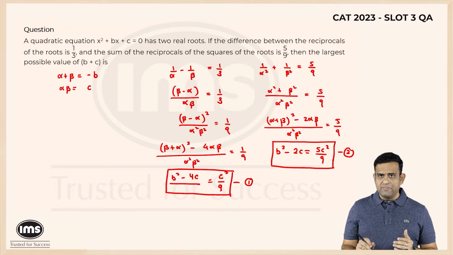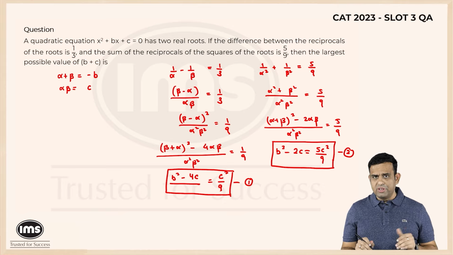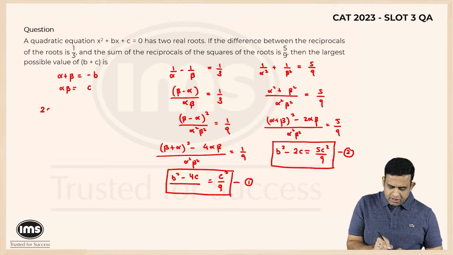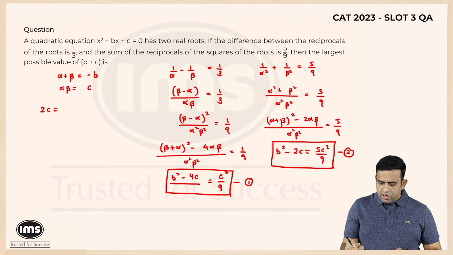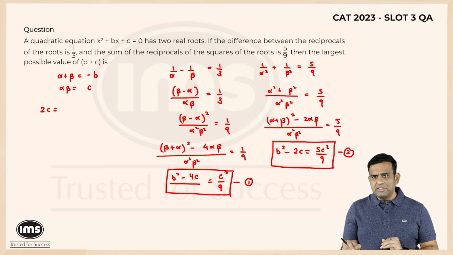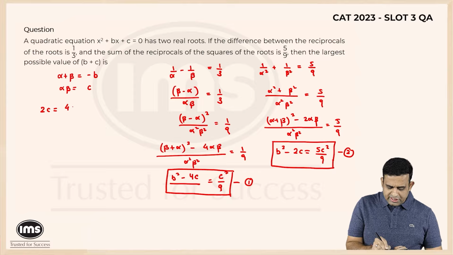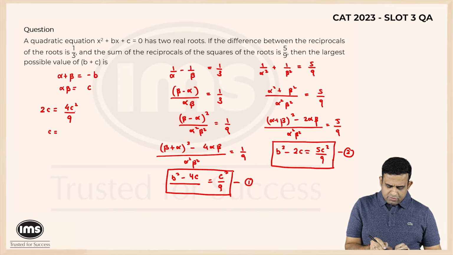So the left hand side will become minus 2c plus 4c, giving 2c, equal to 5c square by 9 minus c square by 9, which gives 4c square by 9. From this, since c is not equal to 0 in this case, the value of c would become 9 by 2.